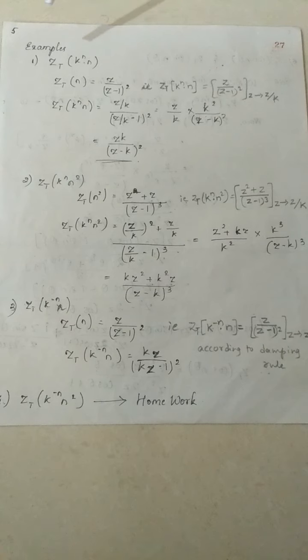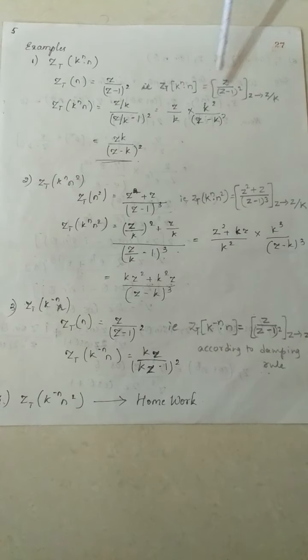To find the z transform of k to the power n into n, we have to find z transform of n first, and in that result we replace z by a, that is replacing z by k. In place of a we have k, so z transform of n is nothing but z upon z minus 1 whole the square.